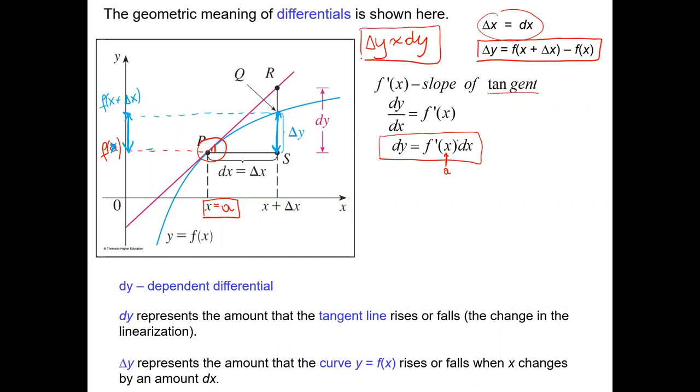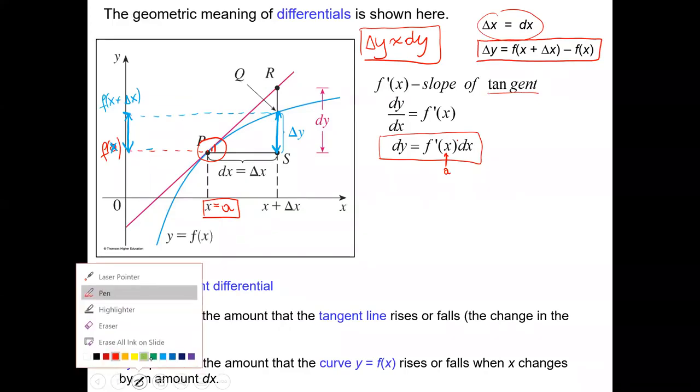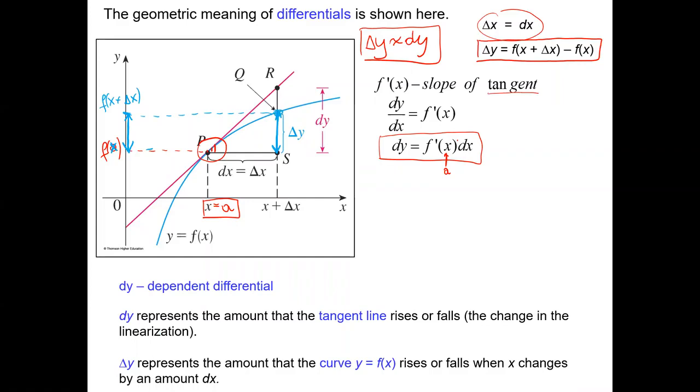Instead of finding this blue dot, which is the actual value of the function at x plus delta x, we can simply find the value on the tangent line. And we remember it's exactly the same as the linearization that we did in the previous video.